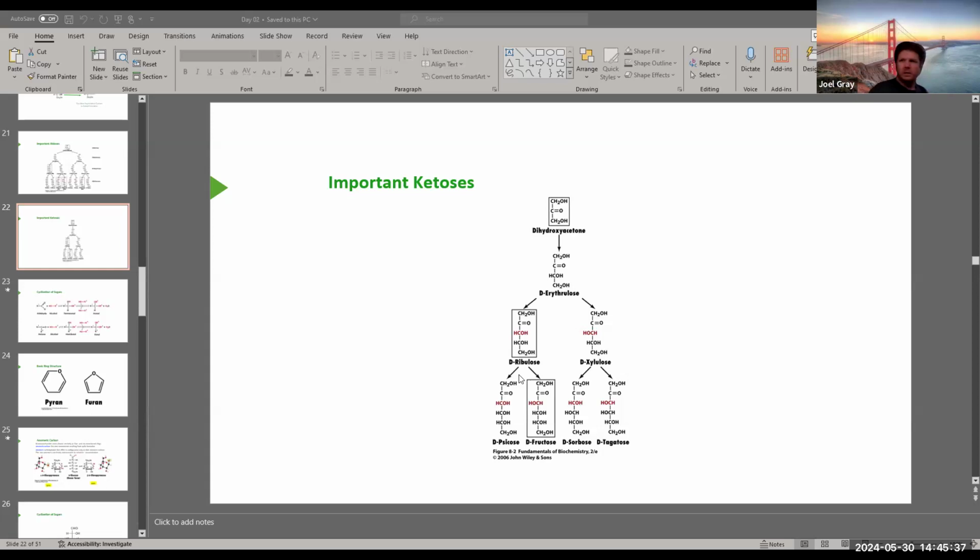So what that means is, do ketoses move through glycolysis easily, or is the best way to process a ketose by converting it back to an aldose? Does that make sense?